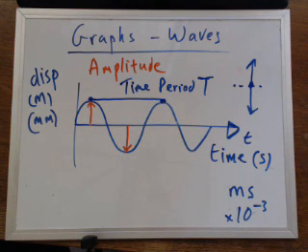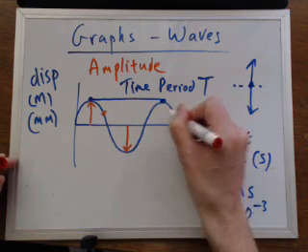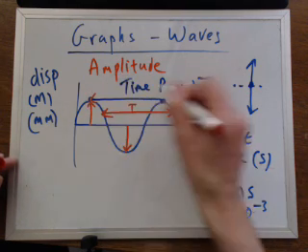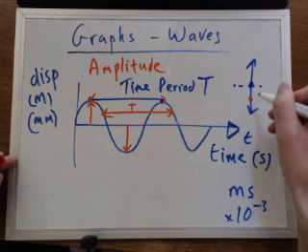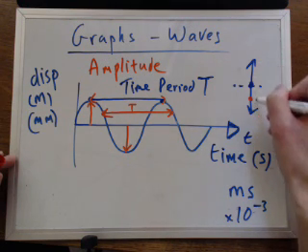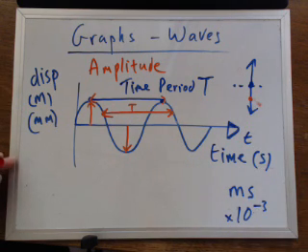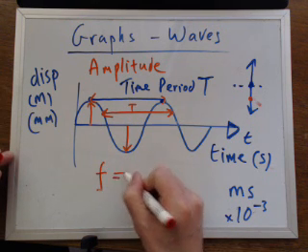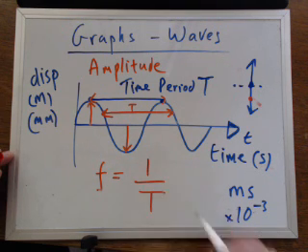A particle, doesn't matter where it is, will go to that end and back through in that direction. When it goes back to there again, that is the time for a complete oscillation. And from there we have the frequency. Frequency is the number of oscillations per second, given as 1 divided by the time period.